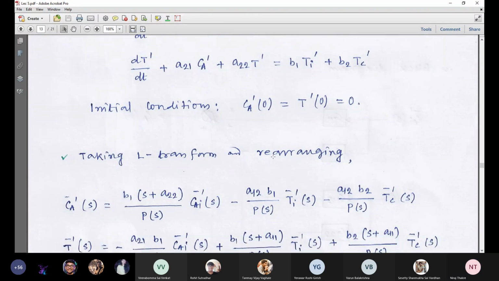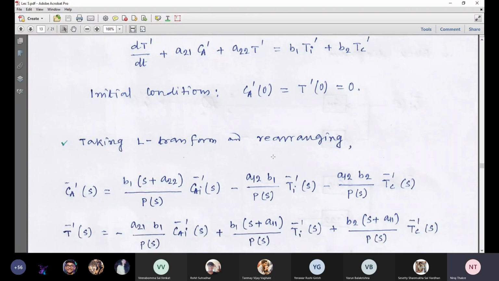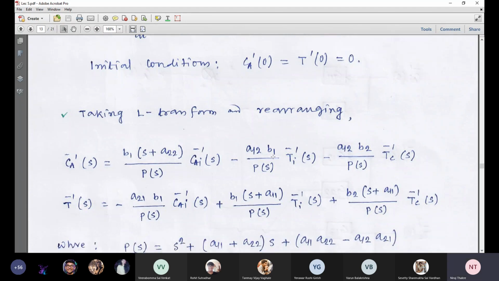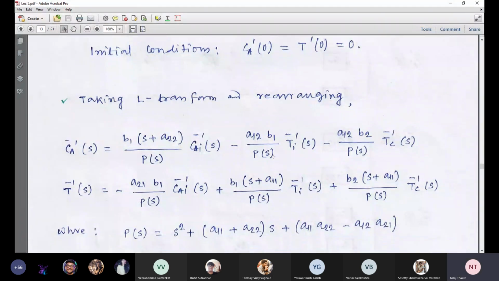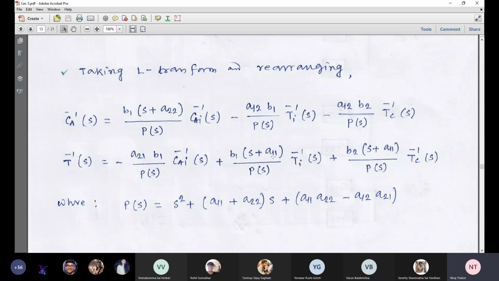Okay. Now in the next step, we need to take the Laplace transform. I'm giving you directly the expressions. As I mentioned, for the general transfer function for a MIMO system, you need to take the Laplace transform, and then you have to solve in terms of y1 and y2, here in terms of CA and T. Then after rearrangement, you will get these final expressions.